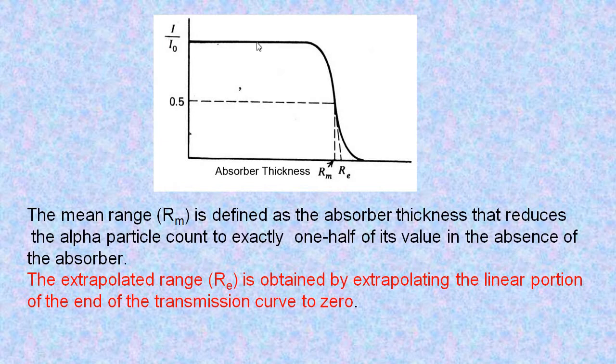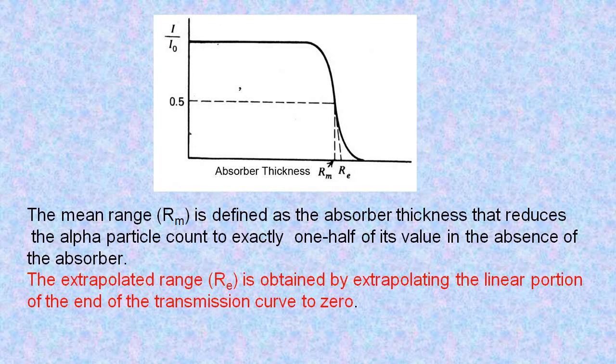In this transmission curve, around this portion you have a curve, and here it is almost a linear portion, and after this again you are getting a curve. When you extrapolate this linear portion, you will reach here, and this point you are calling the extrapolated range, which will be somewhat greater than the mean range.